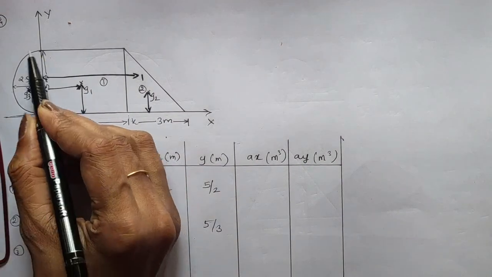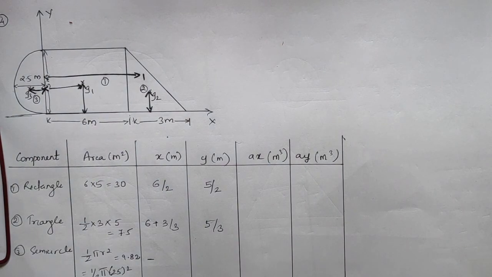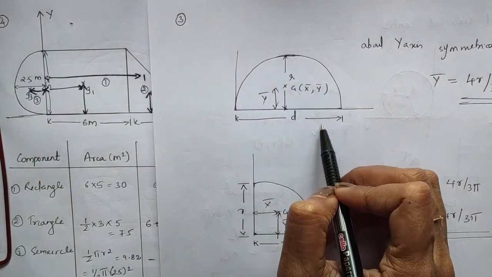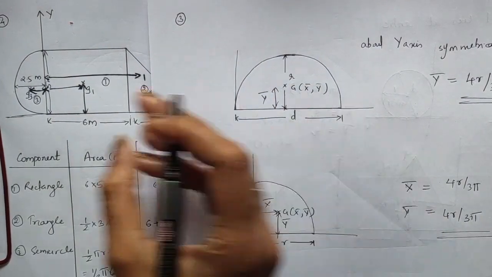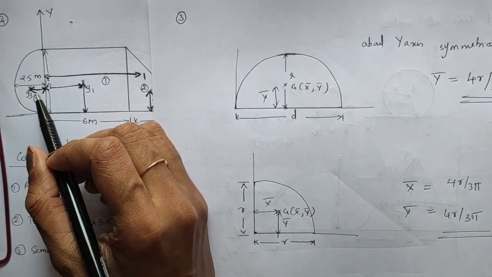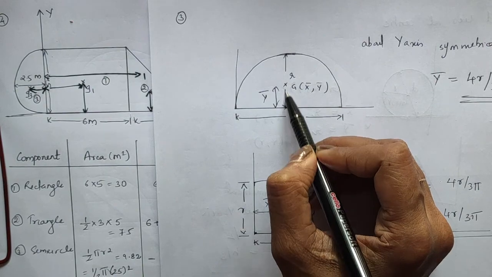So this distance, and the semicircle is not kept as usual. You can see here, your semicircle is kept like this, but this is rotated 90 degrees and kept here, correct? So this distance is your y distance, correct?